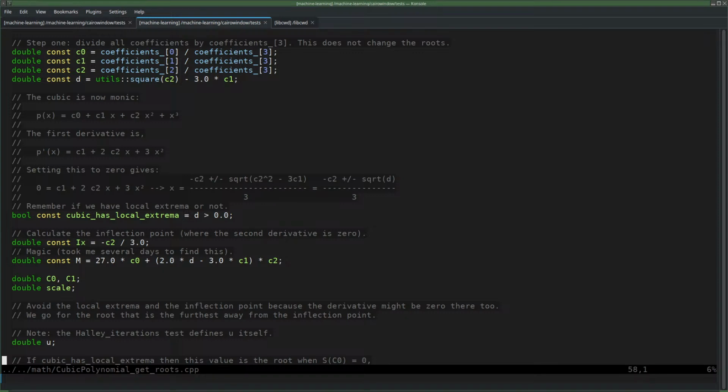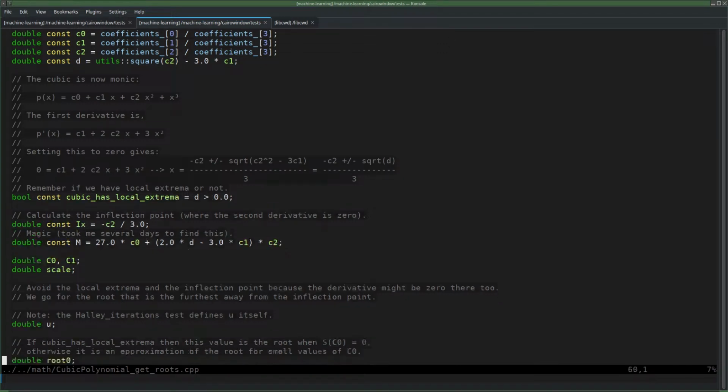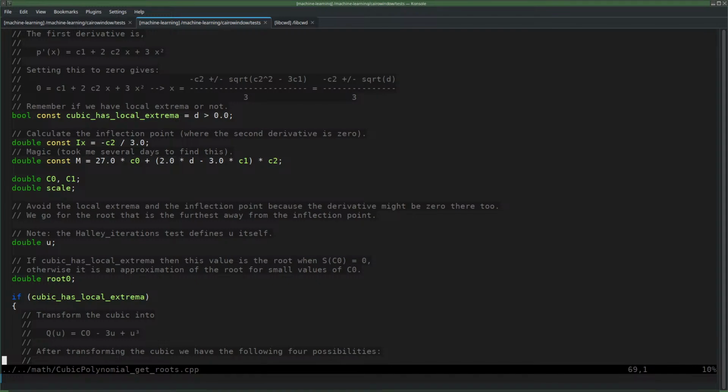Maybe we're talking about the absolute value of the complex roots. I don't know, really. I don't know what's being detected in that case.